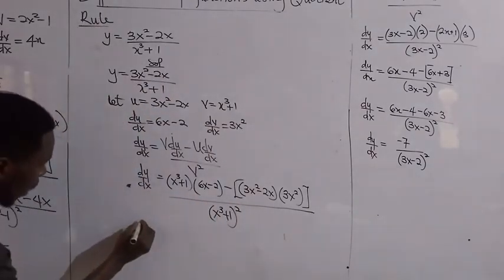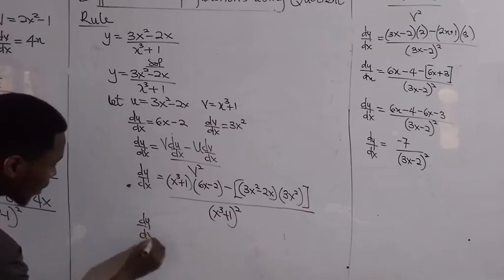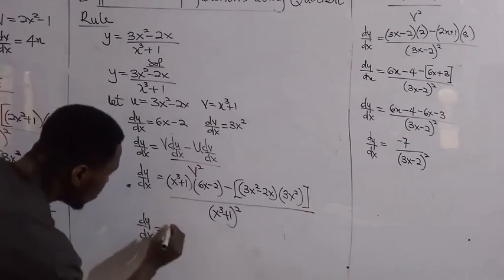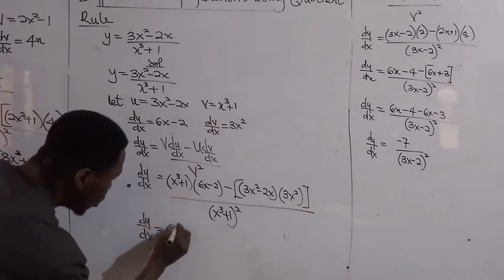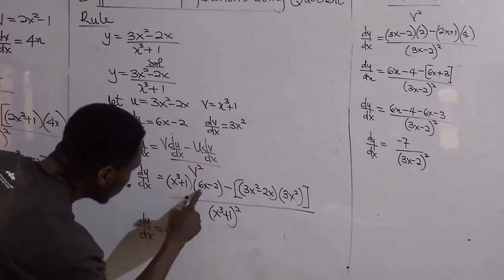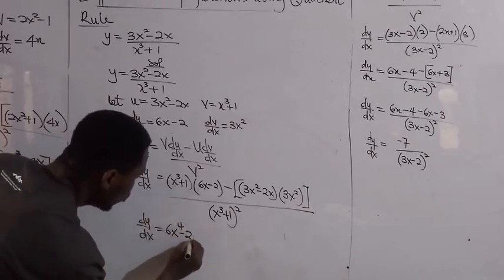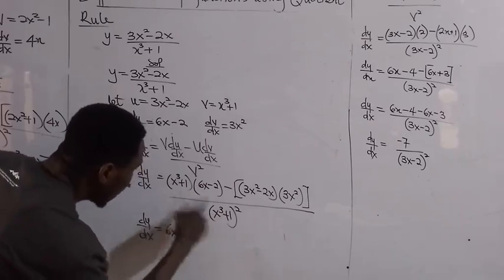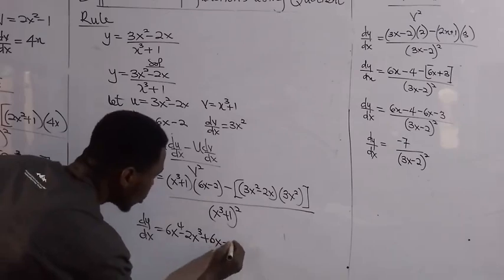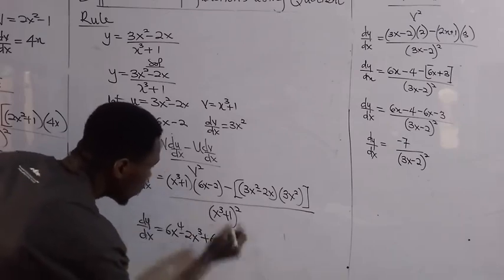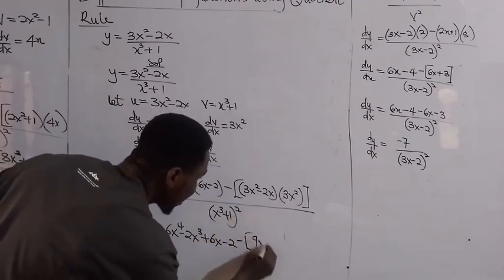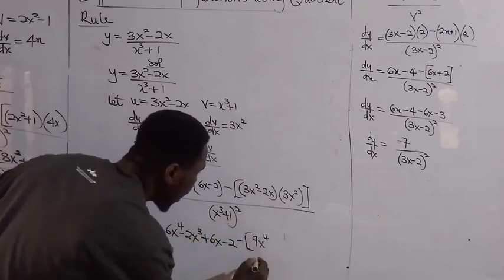Now, our dy over dx is equal to, we expand, this and this will multiply. We have 6x to the fourth power. Then we also have 6x to the fourth power. Then we have what? Minus 2x to the third power. Then we have plus 6x. Then now we will have what? Negative 2, because this and this will give us negative 2. Minus, this and this will give us 9x to the fourth power.